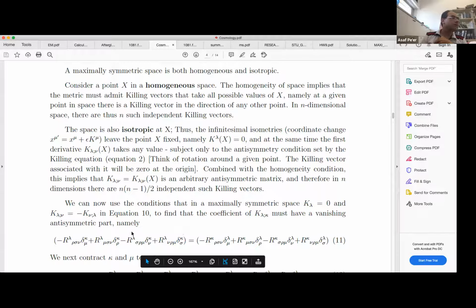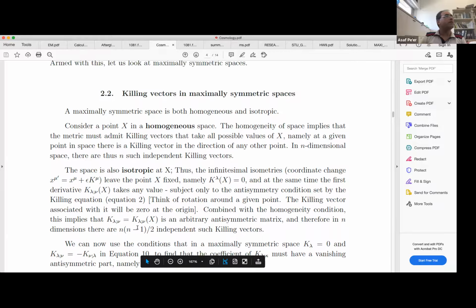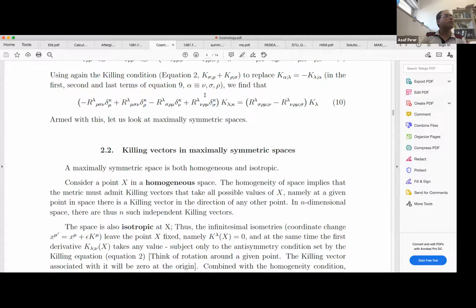So this part here on the left-hand side is minus R_lambda rho sigma nu delta kappa mu plus R_lambda mu sigma nu delta kappa rho minus R_lambda sigma rho mu delta kappa nu plus R_lambda nu rho mu delta kappa sigma, which is just the coefficient that we had back in the equation that we wrote last time.